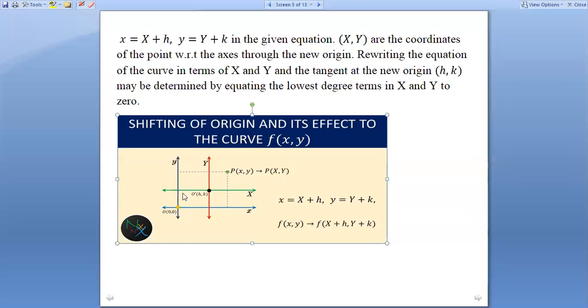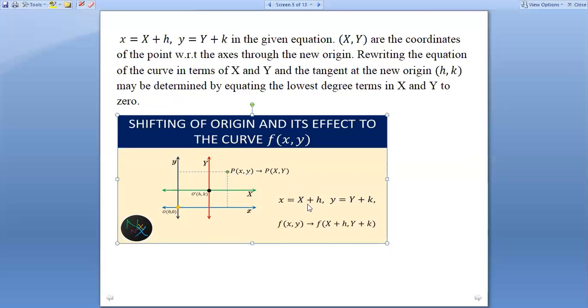These lines are parallel, so you add this length plus this length. This length is h and this length is capital X. So small x is equal to capital X plus h. Similarly, if we have to find y, this y is equal to this length, that is capital Y, plus this length k. So y is equal to Y plus k.